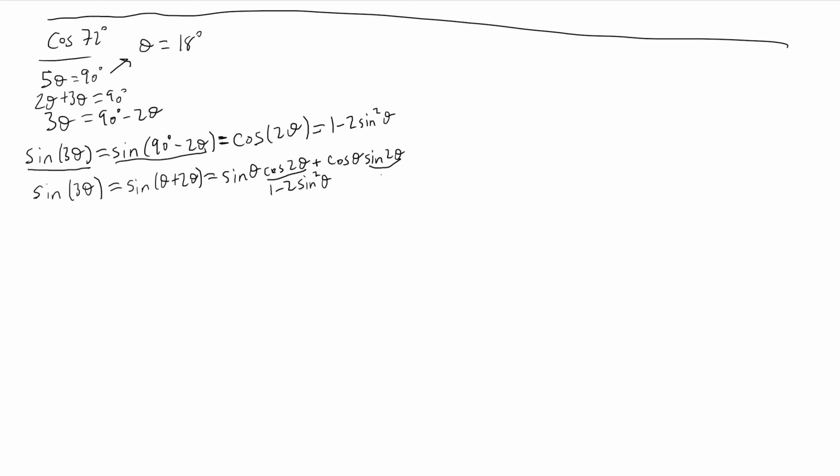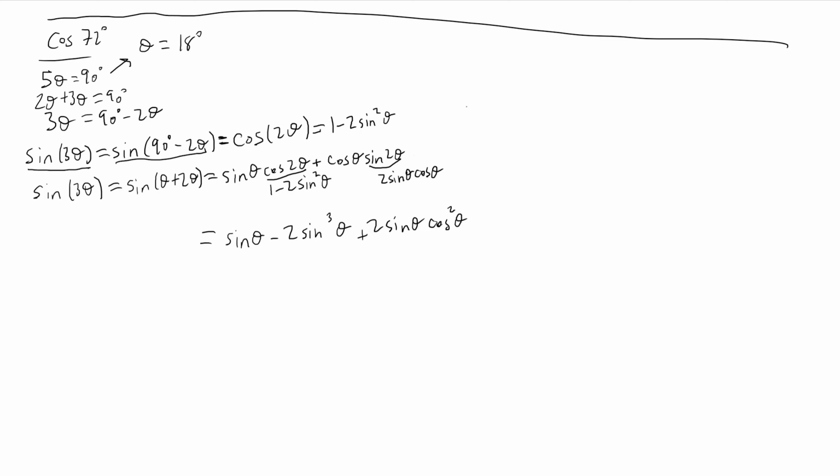So sine 2 theta, recall, is 2 sine theta cosine theta. And so we're left with this being sine theta minus 2 sine cubed theta plus 2 sine theta cosine theta times cosine theta, so we get a cosine squared.